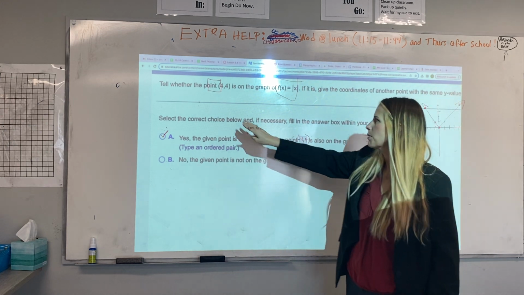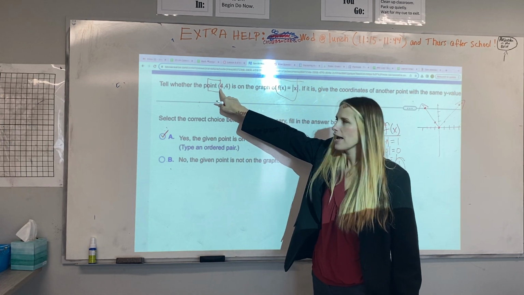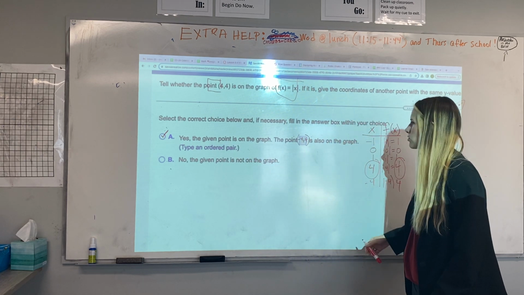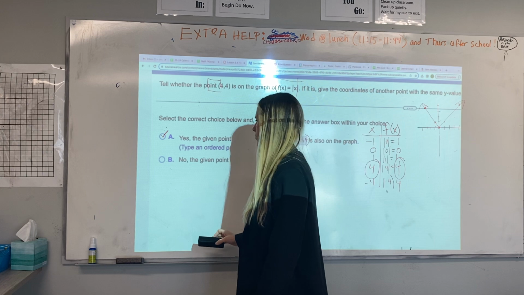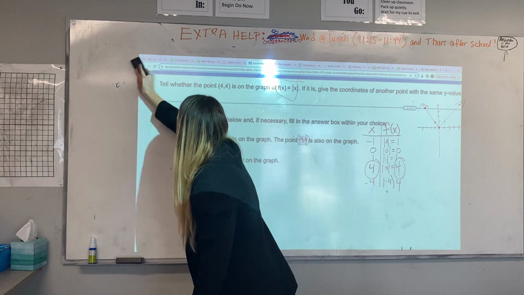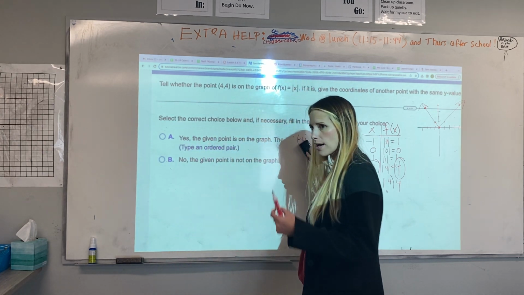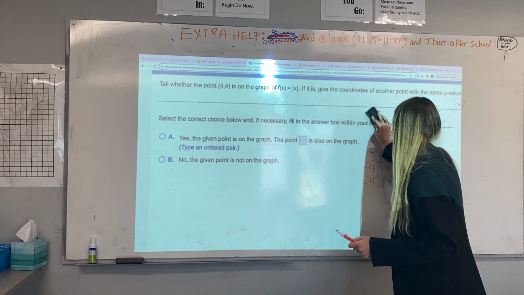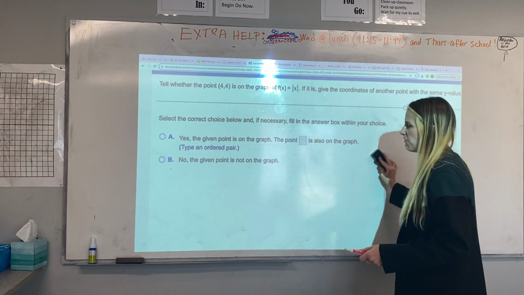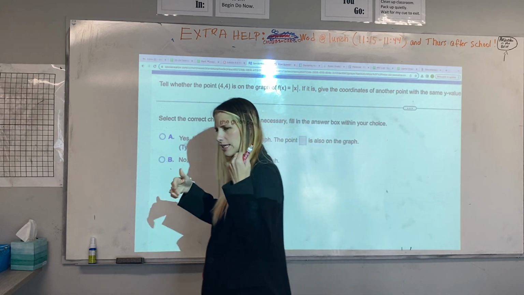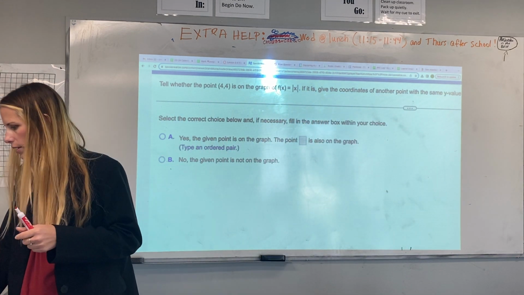Notice that the difference will be, you just have to negate your x value, and that is the correct answer. We just make the x value negative. Because it's absolute value, both +4 and -4 will give you an output of +4. That's what they're trying to get you to practice here.